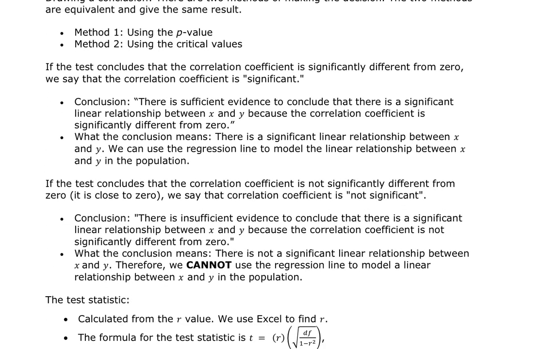If we decide that it is not significant, in other words it's close to 0, we'd say there is insufficient evidence to conclude that there is a significant linear relationship between x and y because the correlation coefficient is not significantly different from 0.